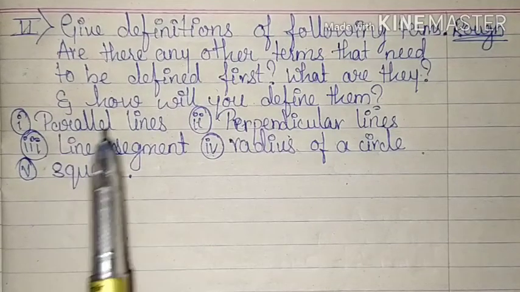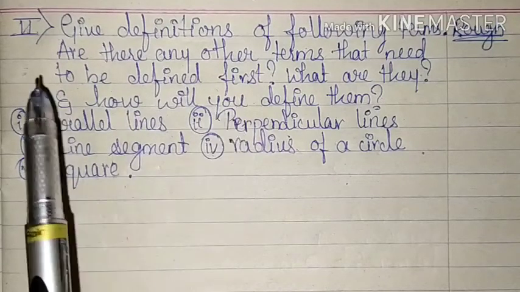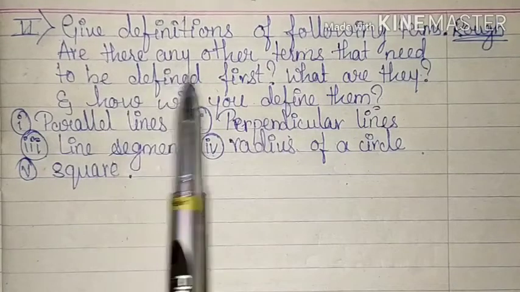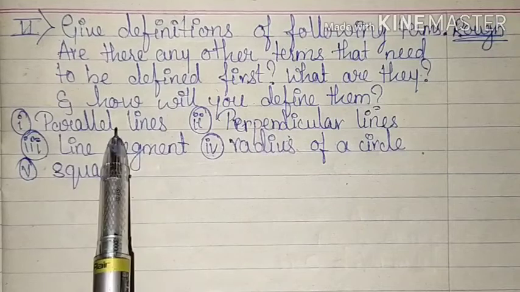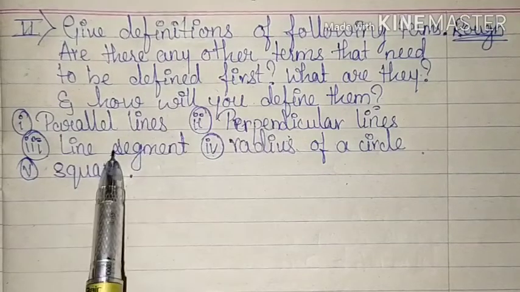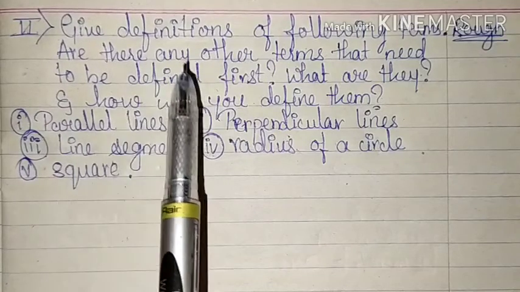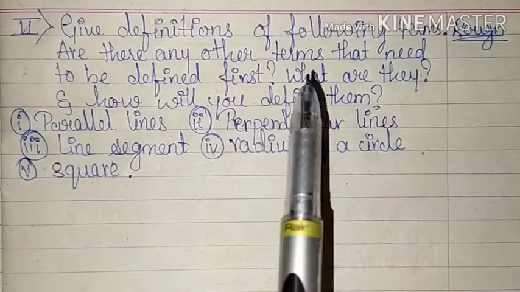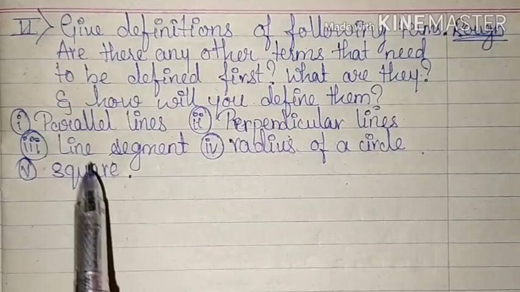But before moving ahead, they have also asked, are there any other terms that need to be defined first? What are those objects which are to be defined before you can move ahead?